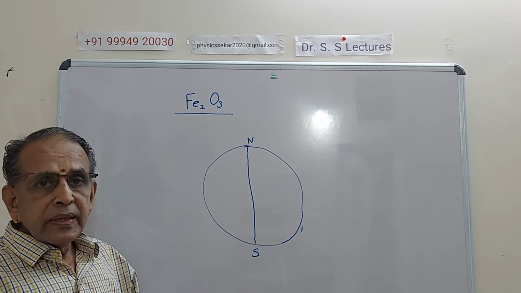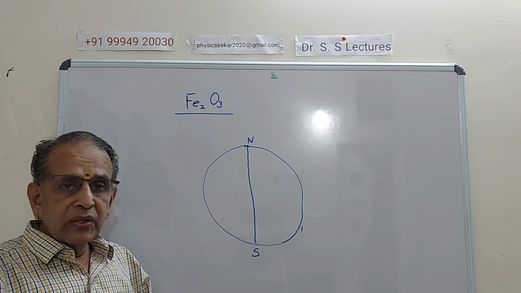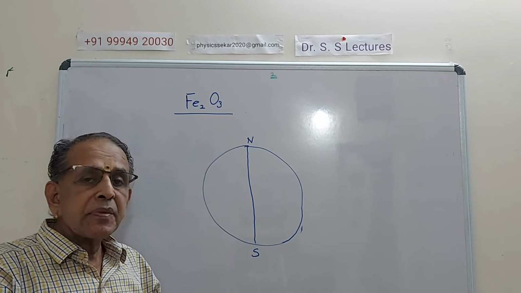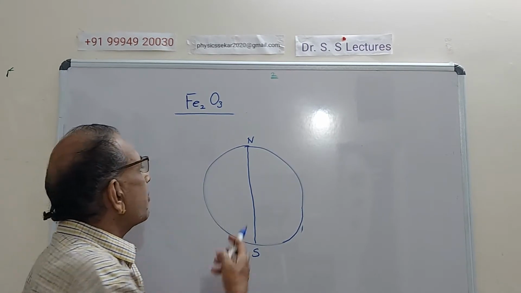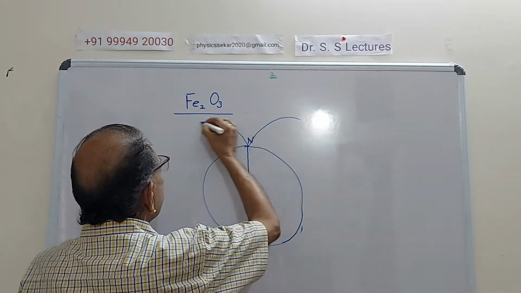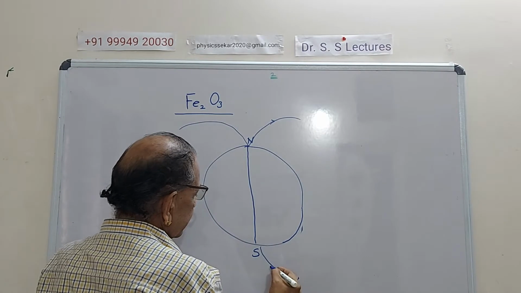You know that this magnetic field, the force of this magnetism, is evolving from the northern direction and going towards the southern direction.